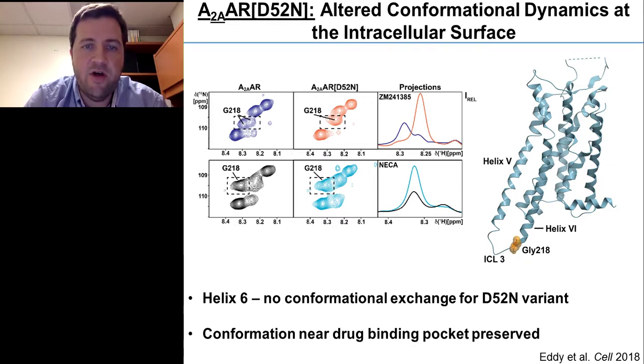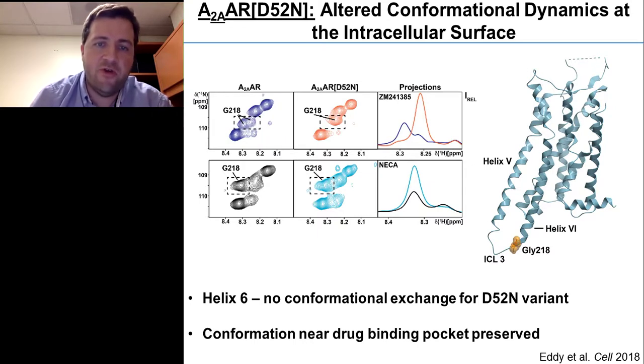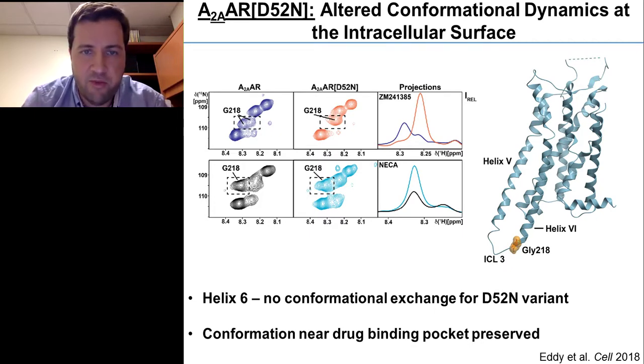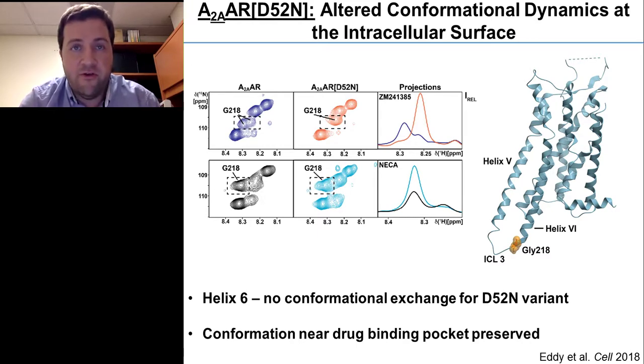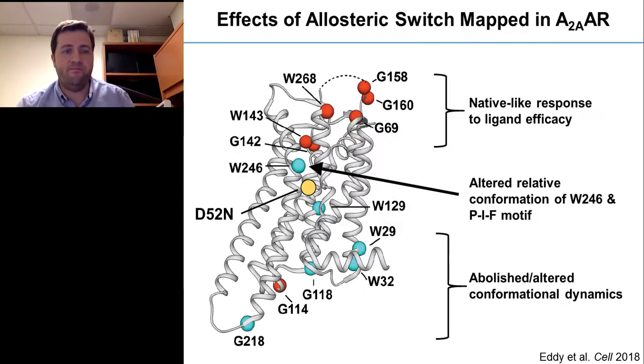You can see in the projection panels large changes in the signal multiplicity and intensities between the native protein and the variant protein, indicating we also have a change in conformational dynamics at that location on the intracellular surface of helix 6, which normally undergoes large conformational changes between active and inactive states.